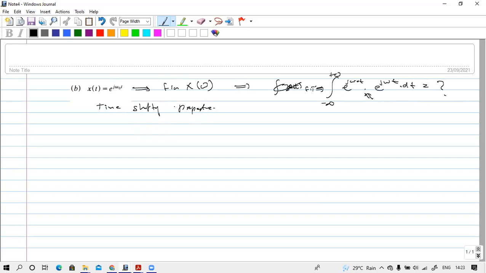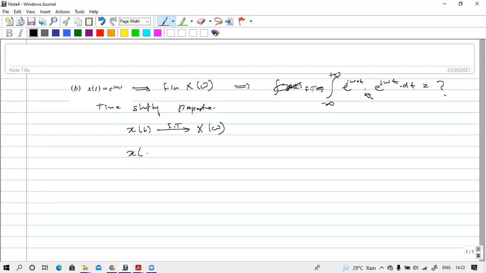But before that, I will remind you of the property. In the time shifting property, it is said that if we have a time domain signal x(t) and we get the Fourier transform of x(t), we will have X(omega).